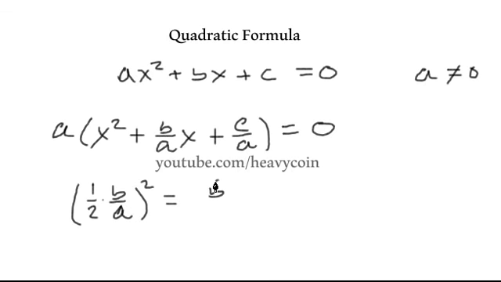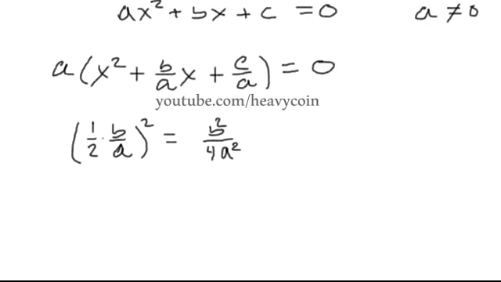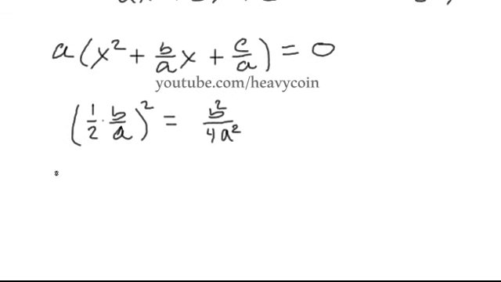So b over a, halved and squared, becomes b squared over 2 squared, which is 4, and then a squared. I'm going to rewrite, following these exact same procedures.